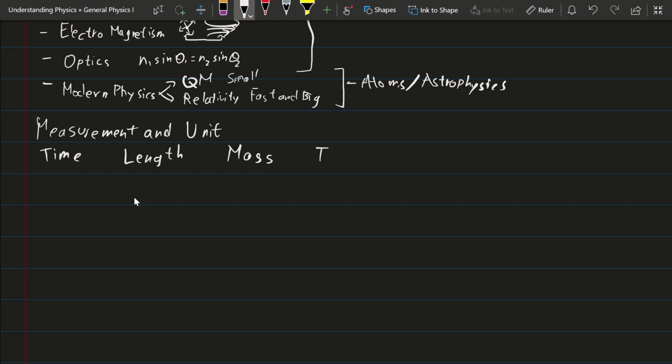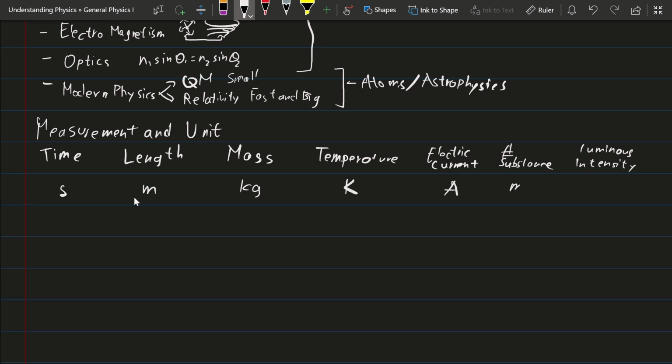And then we have temperature, electric current, amount of substance, and lastly, luminous intensity. These have units second, meter, kilogram, Kelvin, ampere, mole, and candela.